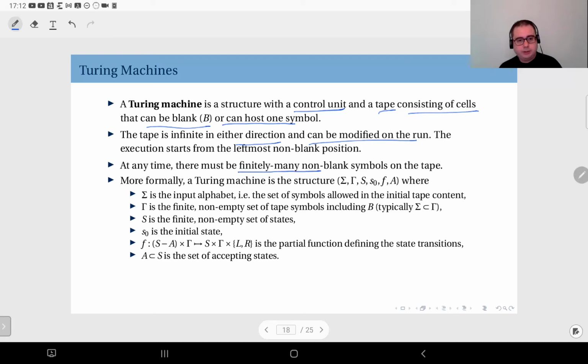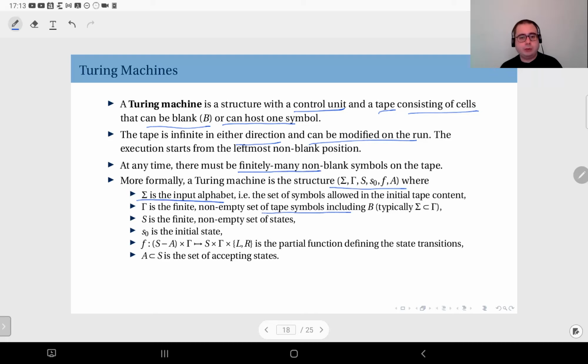And formally, we can describe this structure using this, where sigma here is again the input alphabet, the set of symbols allowed in the initial tape content, our input string, let's say. And gamma is the finite non-empty set of tape symbols.